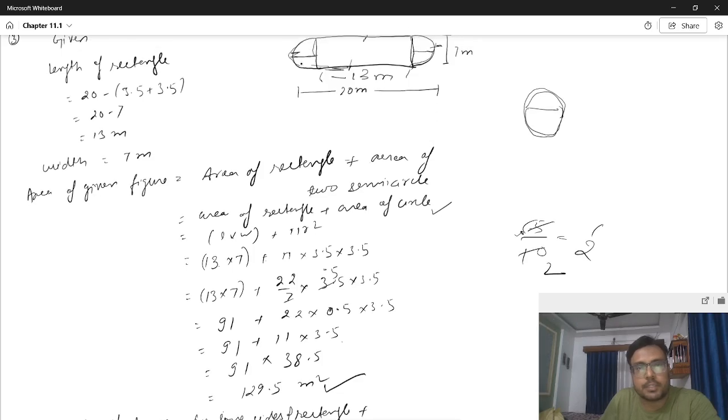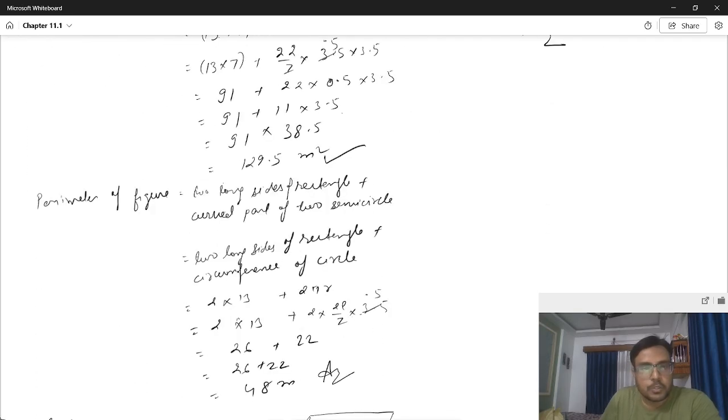Two semicircles together make a complete circle, so this is equal to the circumference of a circle. So two long sides of the rectangle, 2 into 13, where 13 is the given side, and the circumference of a circle is 2 pi r.